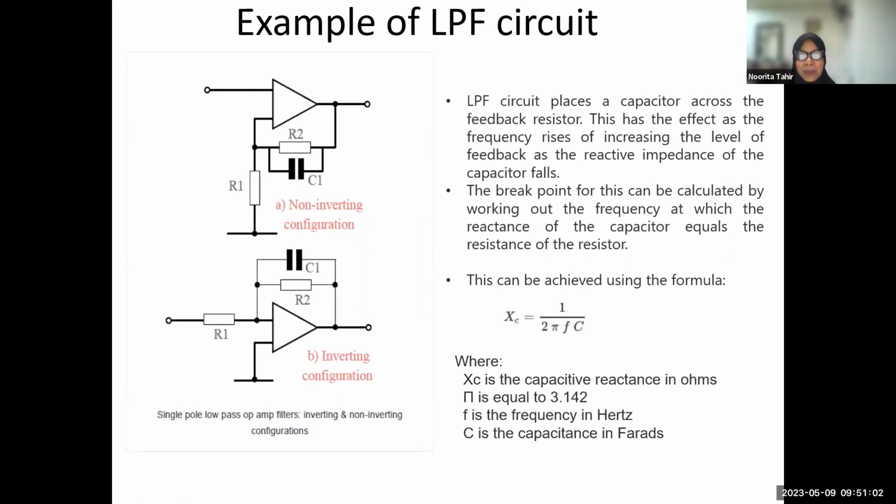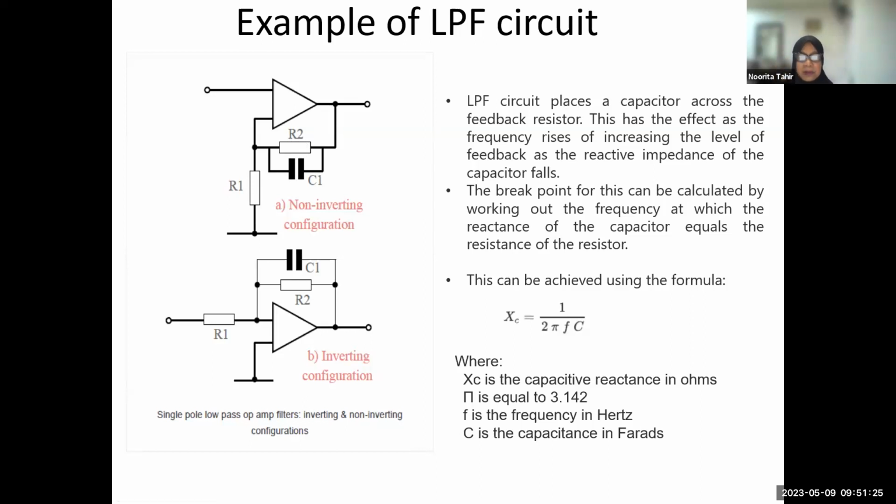Okay, so low pass filter, how is the circuit comprised? It comprises a combination of resistor and capacitor in parallel this way, at the feedback loop. That controls the filter effect.